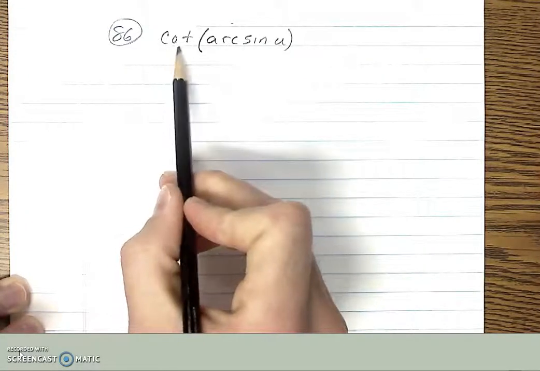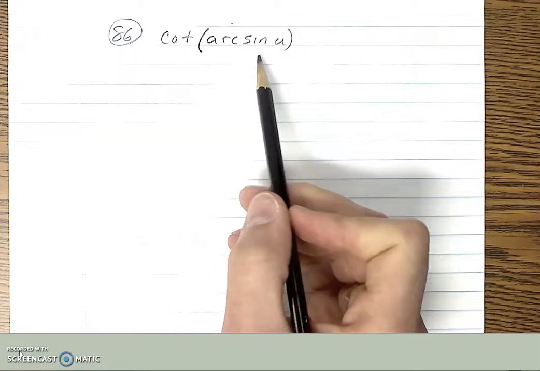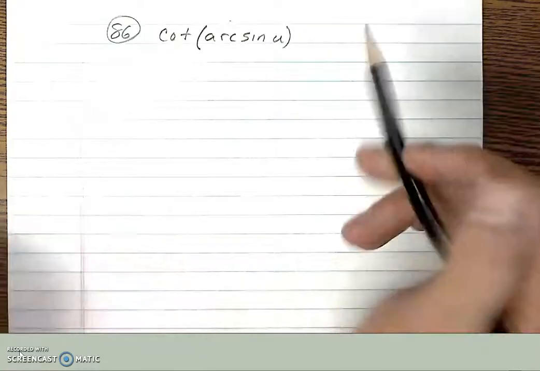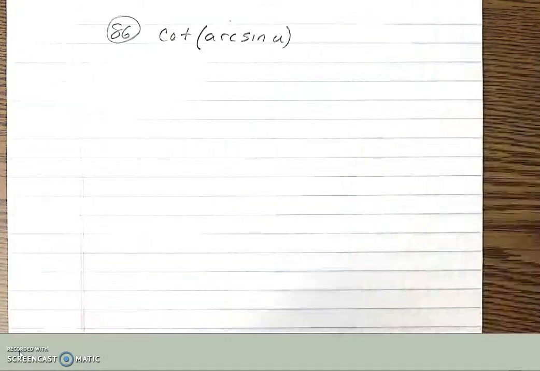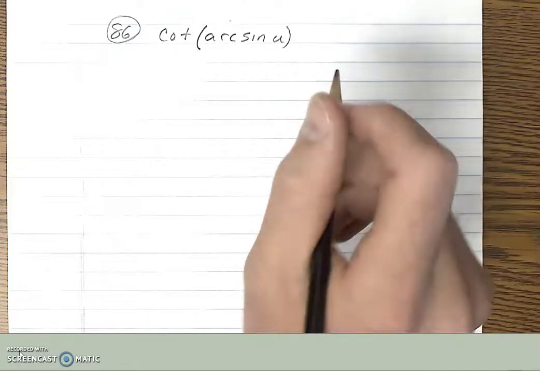So it gives us the cotangent of the arcsine of u. And we need to use a similar process that we just did, and we can use any other variable in our substitution.